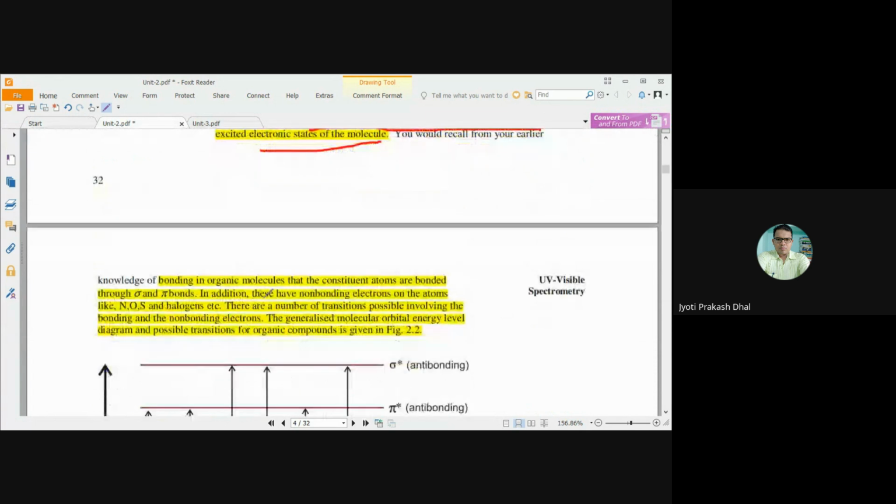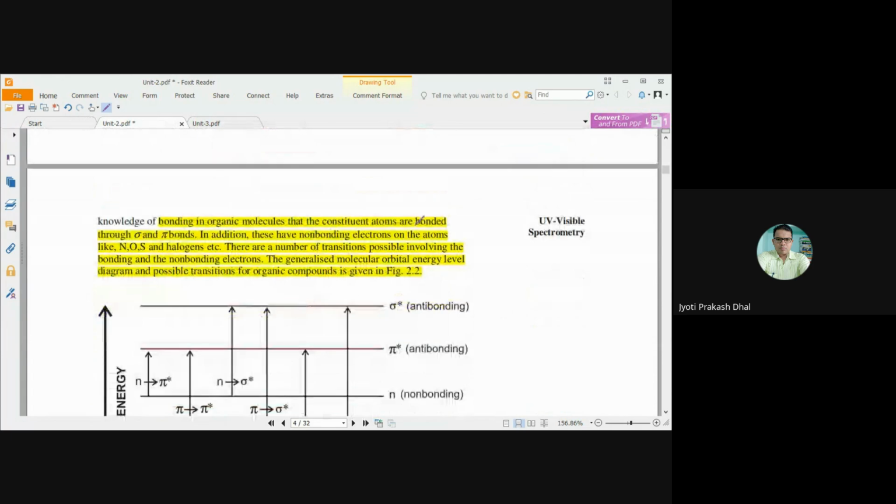So, bonding in organic molecules: we know that in organic molecules, the constituent atoms are bonded through pi and sigma bonds. In addition to this, the molecule may contain some non-bonding electrons or lone pairs of electrons in atoms like nitrogen, oxygen, sulfur, halogens, etc. So if the organic molecule contains this type of heteroatoms like nitrogen, oxygen, sulfur and halogen atoms, then the molecule will contain some lone pairs of electrons associated with these atoms.